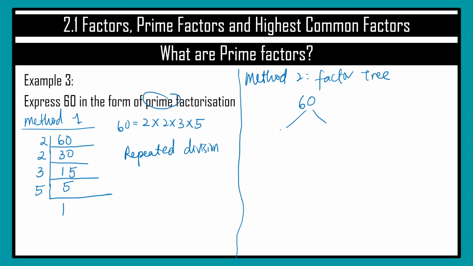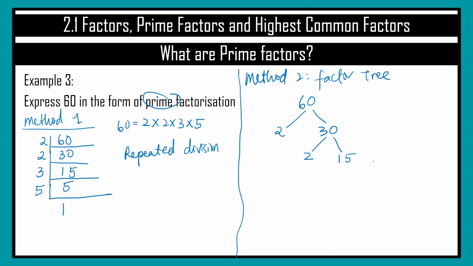60 can be divided with 2. Alright, so if it's divided with 2, you're going to get 30. Now I cannot divide 2 anymore. The next number that I can divide is 30. So I'm going to divide again with the smallest prime number, which is 2. So when I divide 30 with 2, I'm going to get 15.